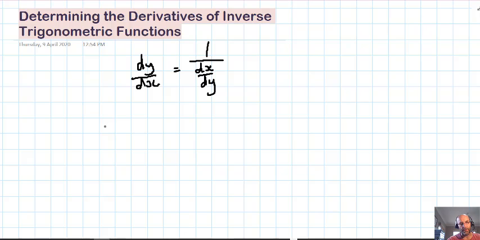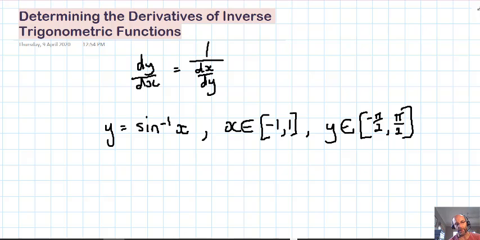So if we start with y equals inverse sine x, we know the domain and range are restricted thus, and we get that from the previous work we've done recently. Having recalled the above, we look at rearranging y equals inverse sine x to x equals sine y.